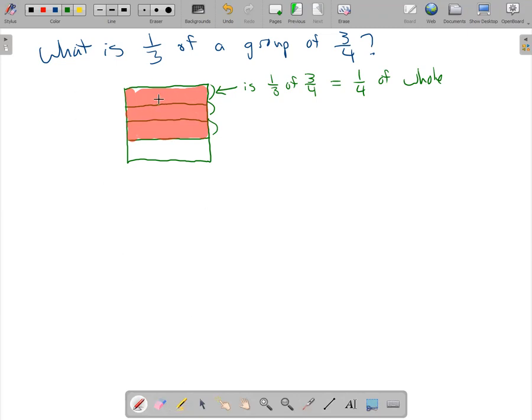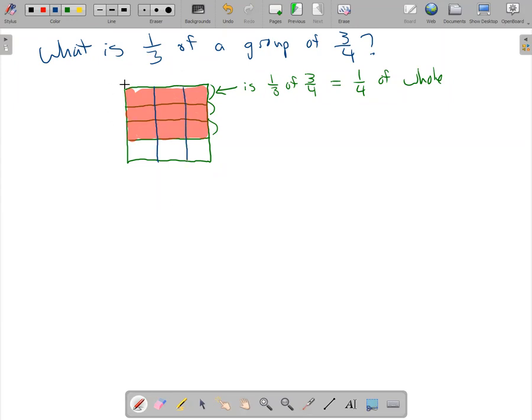The other way to think about it is I cut 4ths that way. What if I cut 1/3 the other way? So I think 1/3 would be about, let's use a different color than red on red. I think this is about 1/3 there, and that's about 1/3 there.